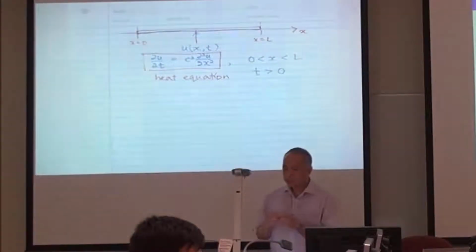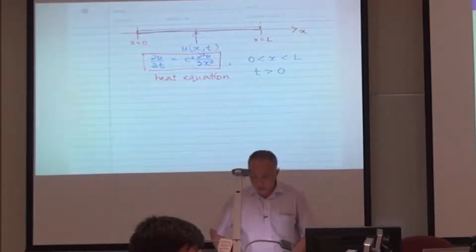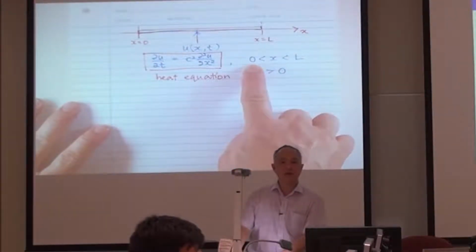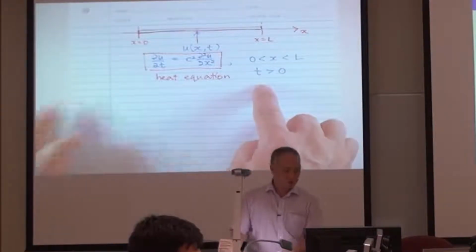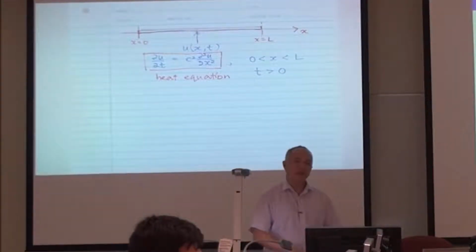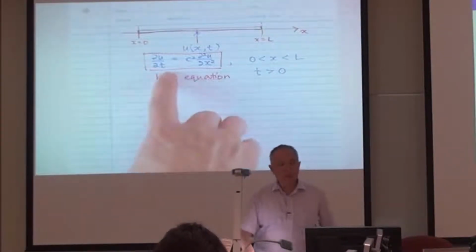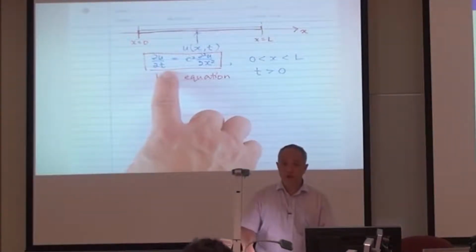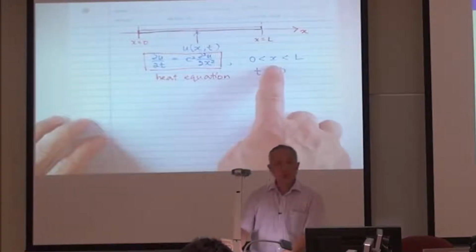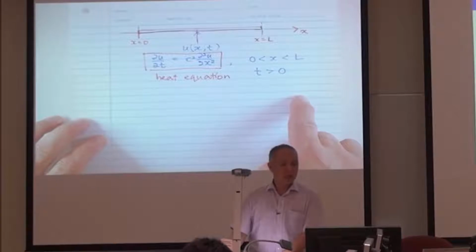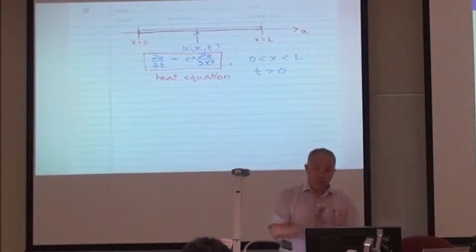Now, earlier on I mentioned, you may ask, what about x equals 0, x equals L, or t equals 0? This comes in as the conditions that we specify. So we will want to solve this particular equation, that means find u for x between 0 and L and t bigger than 0, given some initial condition.